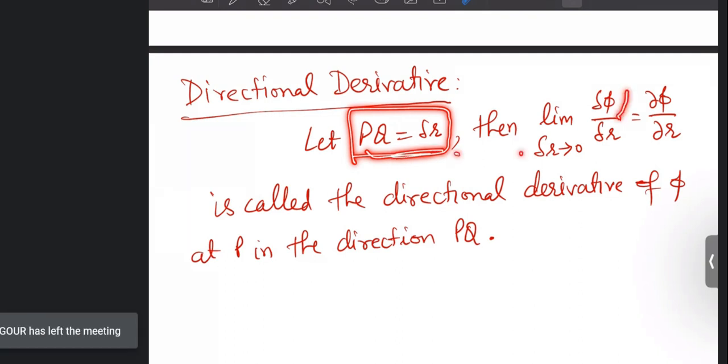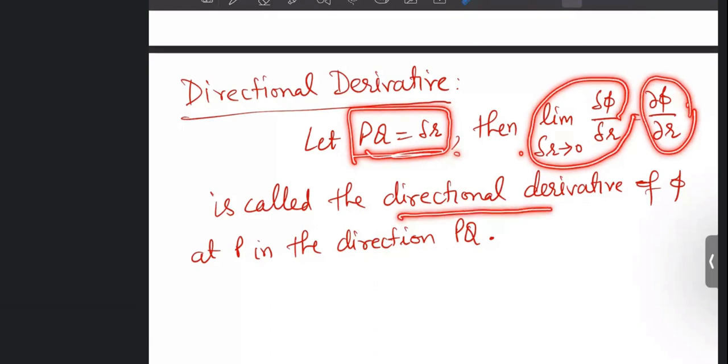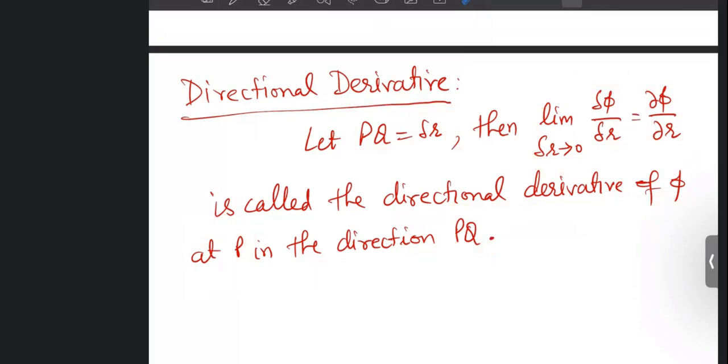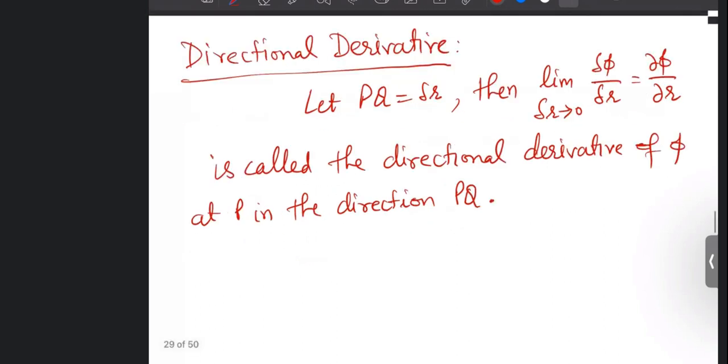Then this limit, that means the rate of change of φ with respect to r, is called the directional derivative of φ at point P in the direction of PQ. It means the directional derivative gives us, not the normal, that is tangent to the surface. This is the definition for the directional derivative.